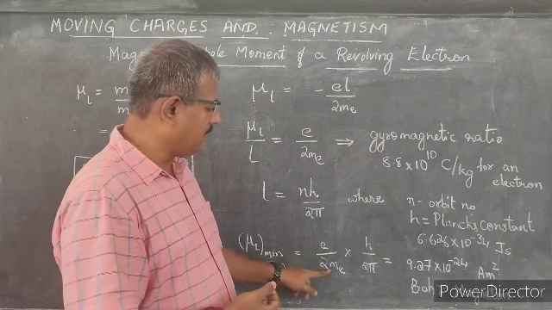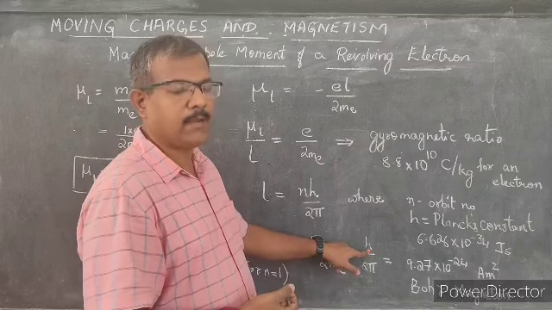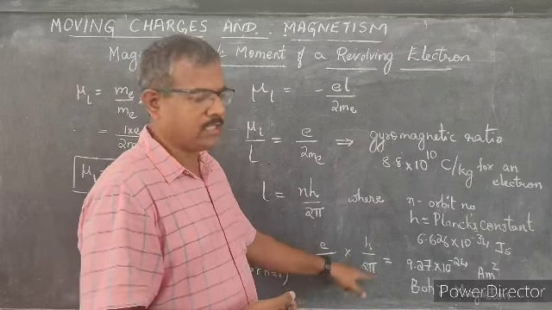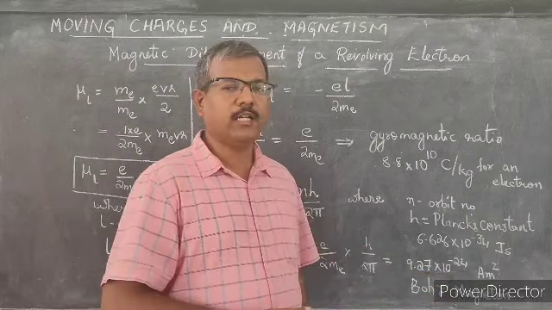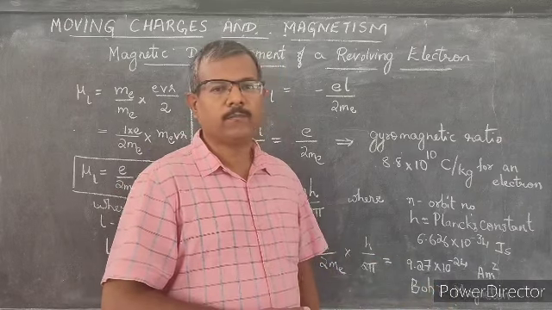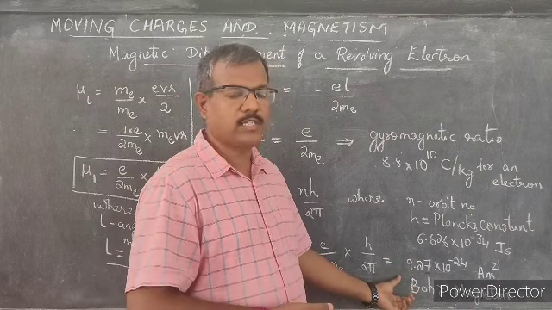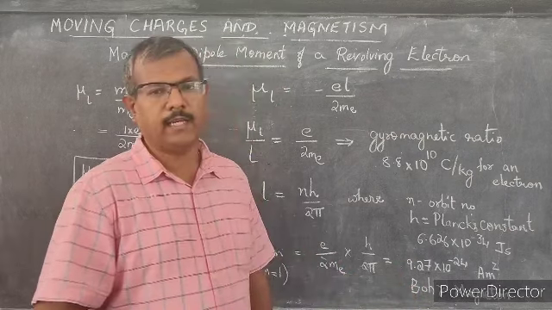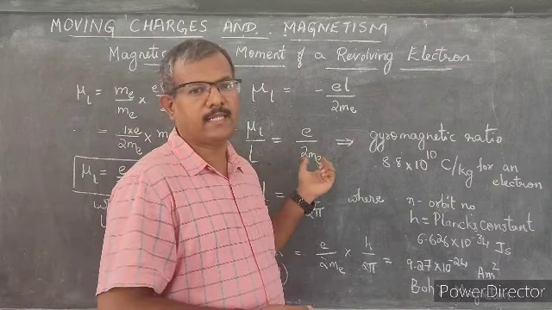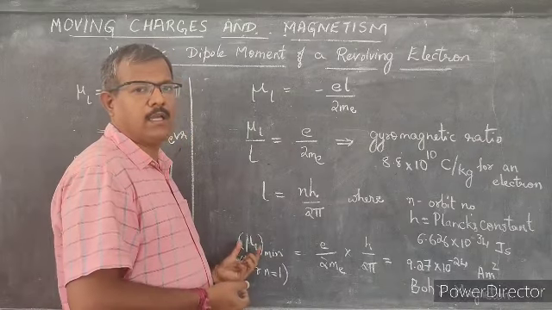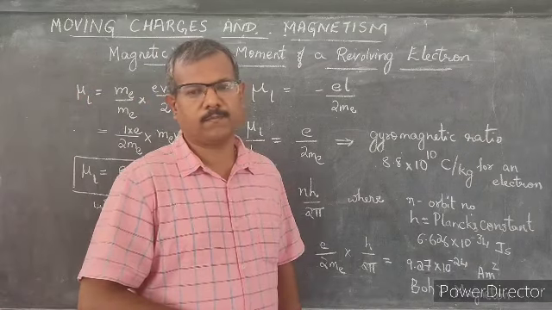Now if I substitute all these values, e the charge value, me the mass of electron, h the Planck's constant, and the rest of them are all constants, I get a value that is 9.27 into 10 to the power of minus 24 amperes meter square. This particular value is called the Bohr magneton. It's an important value because it indicates the minimum magnetic moment that an electron can possess.